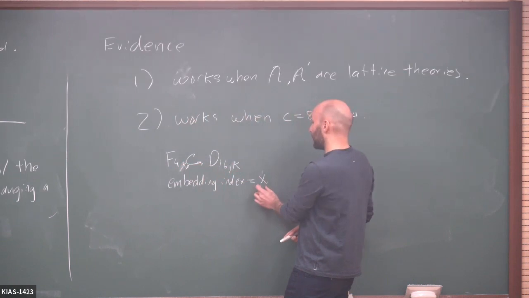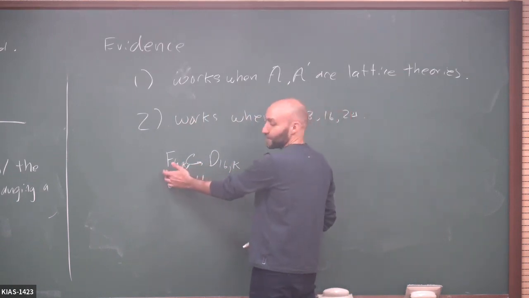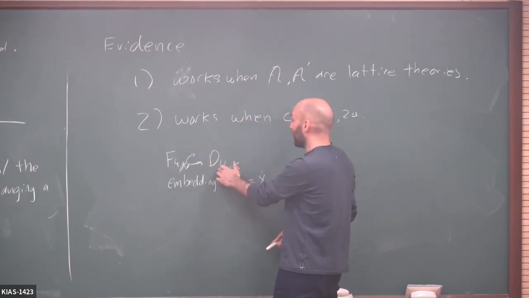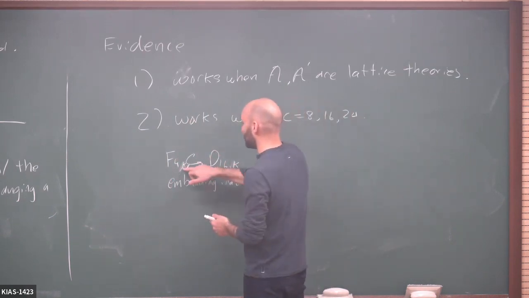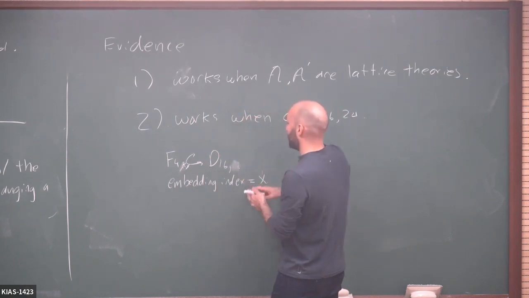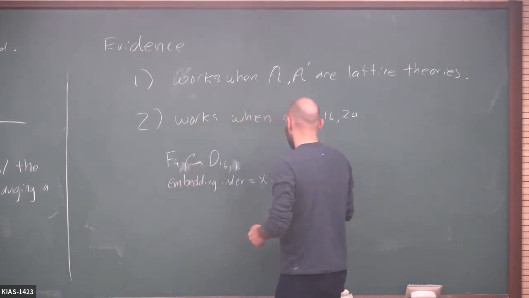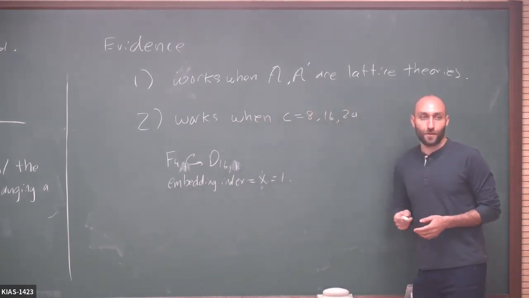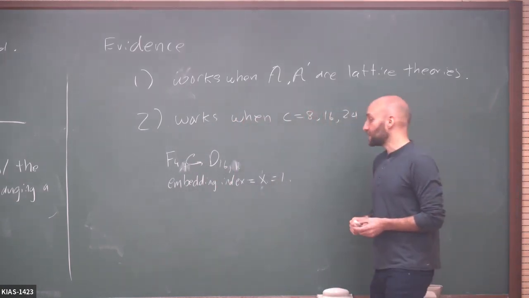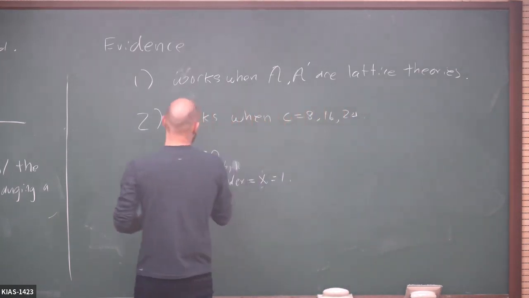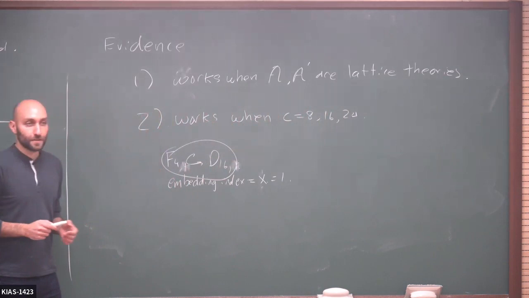So in other words, the embedding index tells you how much larger the level is of the thing that's being embedded when compared to the thing that it's being embedded into. So because this has to be 1, x has to be equal to 1. So I think we can't use the embedding you mentioned because it has embedding index greater than 1. So it doesn't lead to an embedding like this.